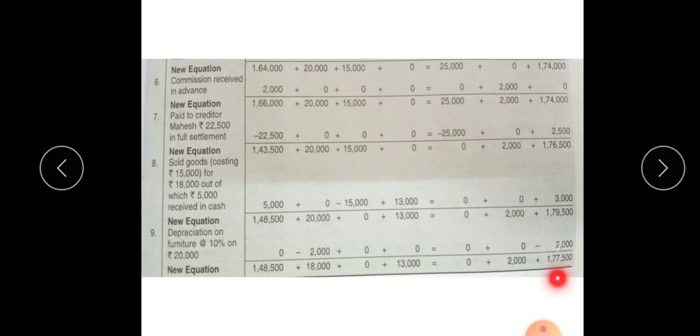Capital at the end is 1,77,500. Commission received in advance is 2,000 rupees. No effect on debtors. Furniture reduced to 18,000 and cash stands at 1,48,500. Find out the total. Both the sides will be same, 1,79,500 rupees.